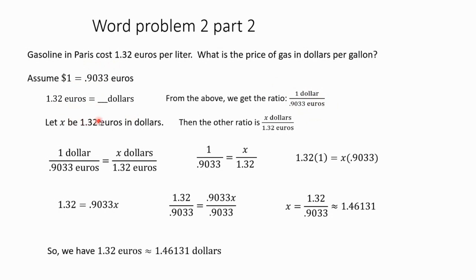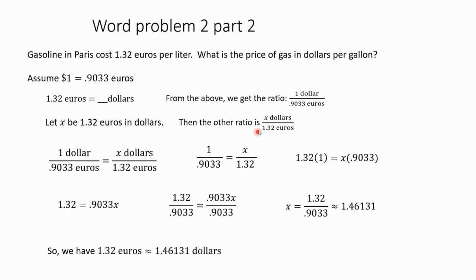So I'm going to let X be 1.32 euros in dollars, the amount in dollars. So the other ratio then would be X dollars over 1.32 euros.